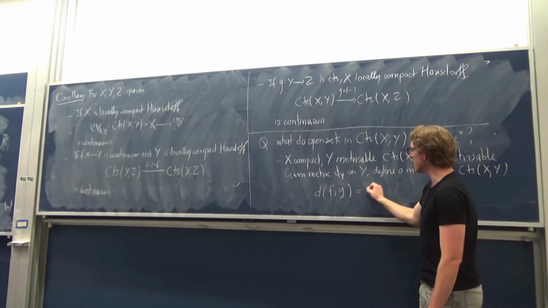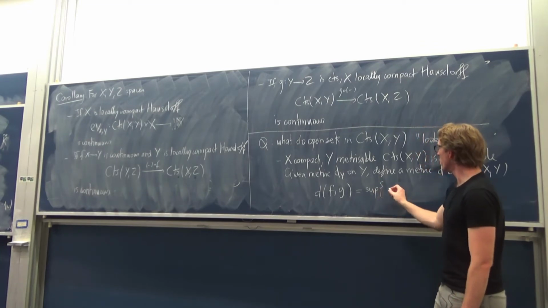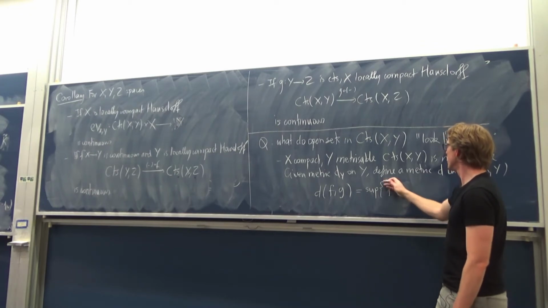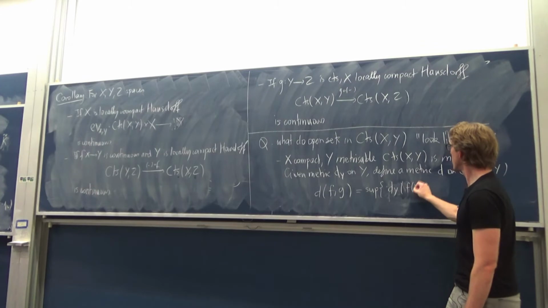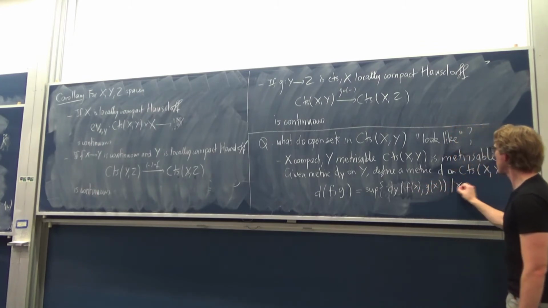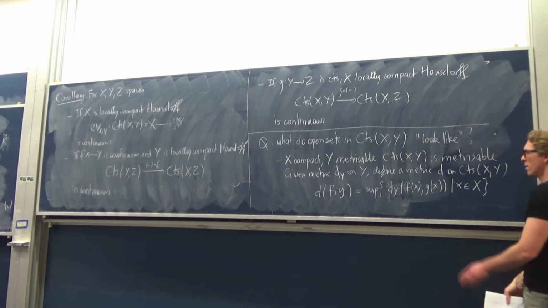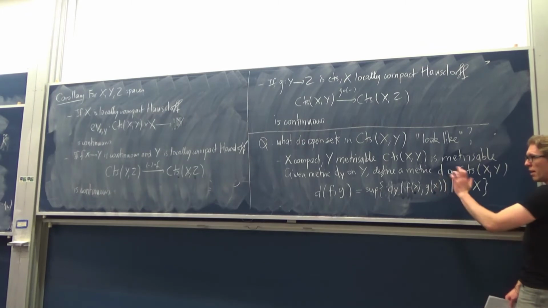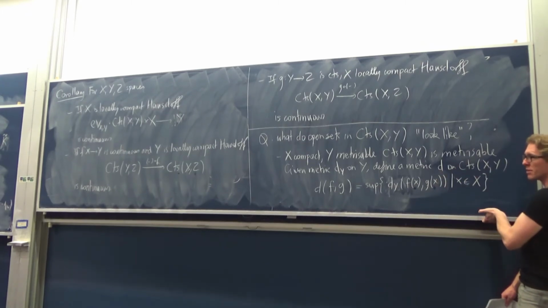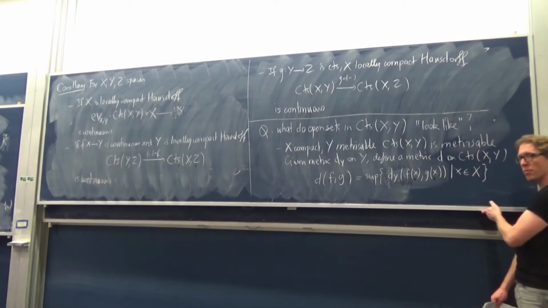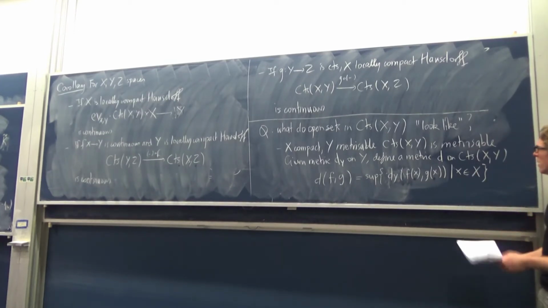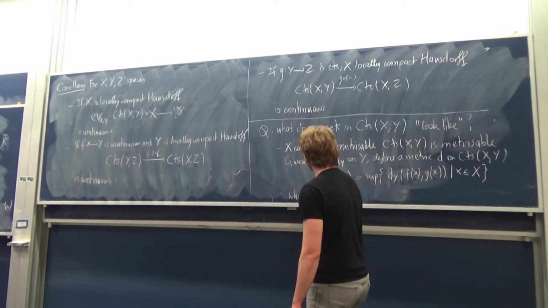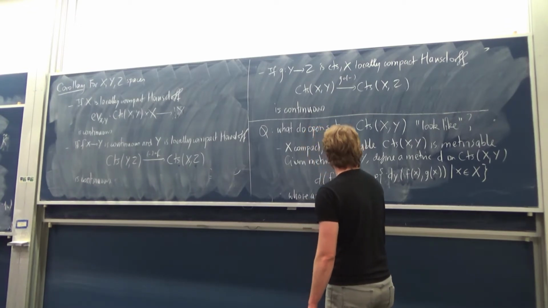So this makes sense, to take the supremum over all points, okay, take all the f of x's and g of x's, take their distance in y. That will be a bounded above set because of the hypothesis that x is compact, and therefore I can take its supremum. And the claim is that that's a metric on CTS xy, whose associated topology is the topology we've just defined.